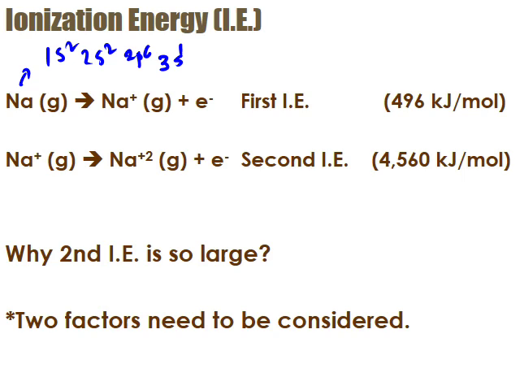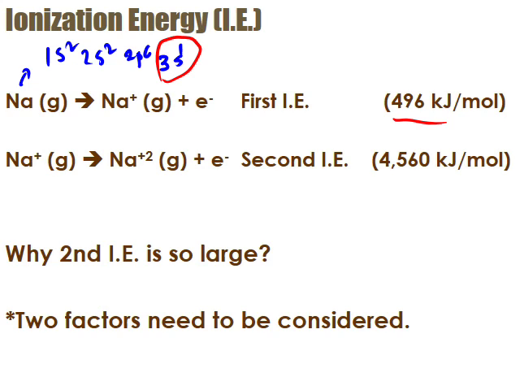So that's sodium. If I want to remove an electron from 3s, this electron, that would be called first ionization energy. The energy needed to do that is 496 kilojoule per mole.